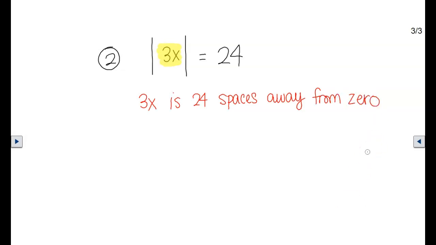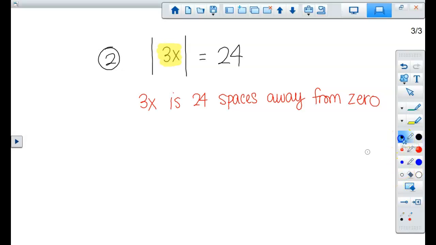So when this says the absolute value of 3x is 24, it's saying that 3x is 24 spaces away from 0. So when I see that, what I need to do is think about where 3x could be. Well, if I'm 24 spaces away from 0, where could I land? One of the places you know you could land is 24.